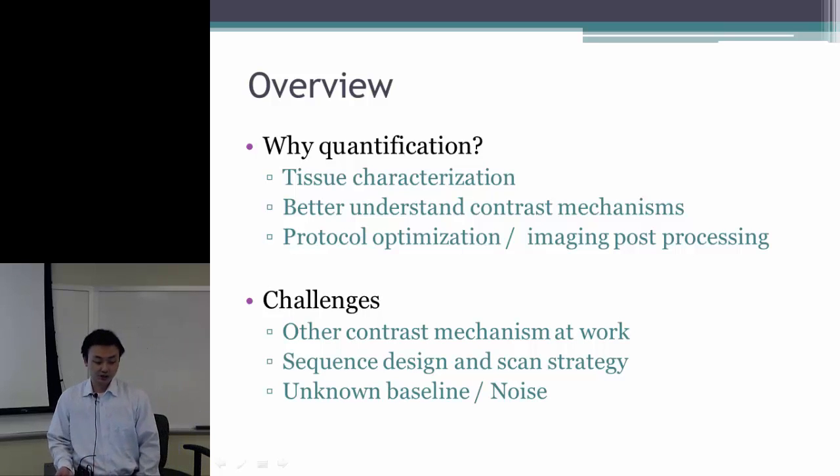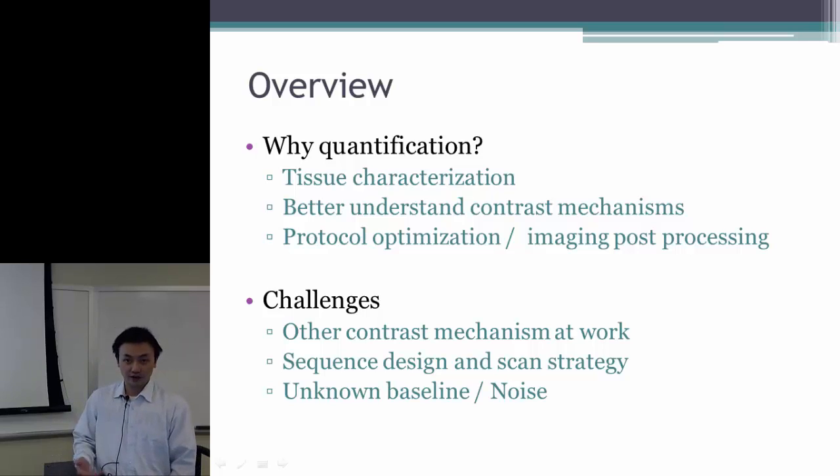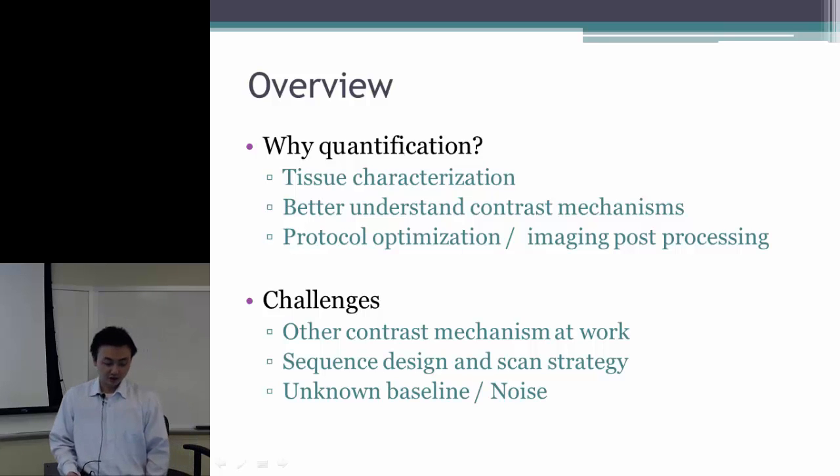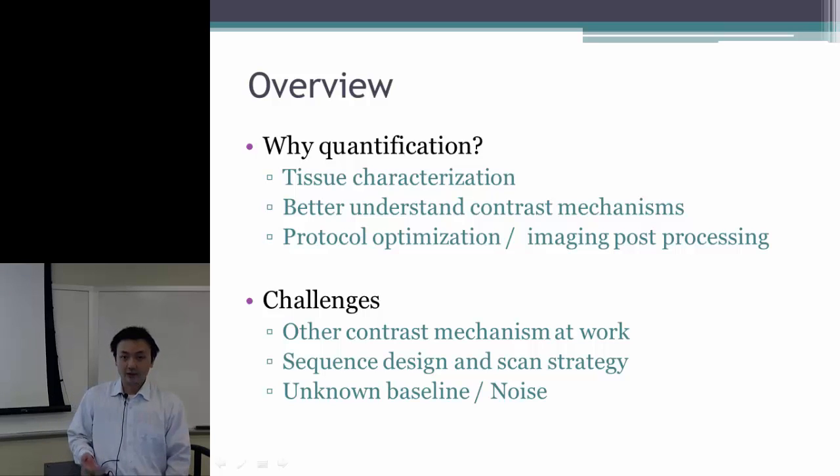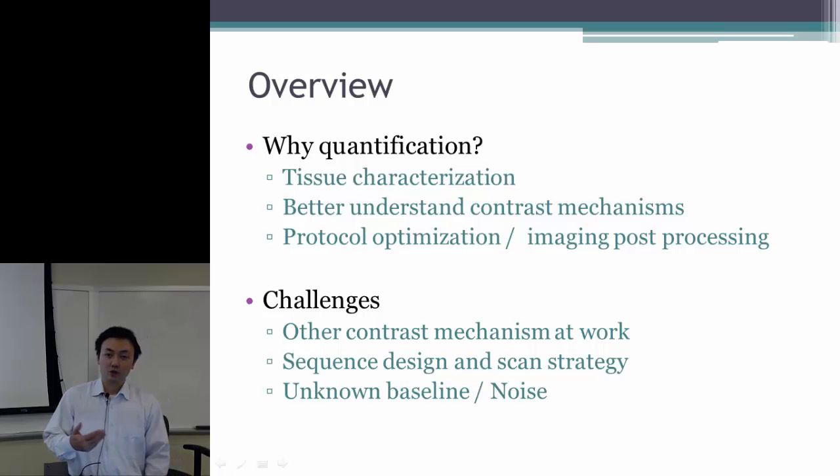So there are many challenges when we are trying to do the quantifications. One of the most routinely encountered challenges is that there will be other contrast mechanisms at work. The signal may not be purely weighted by the contrast mechanism we are interested in. For example, if we use a spin echo, we mainly want to get a T2 weighted image.